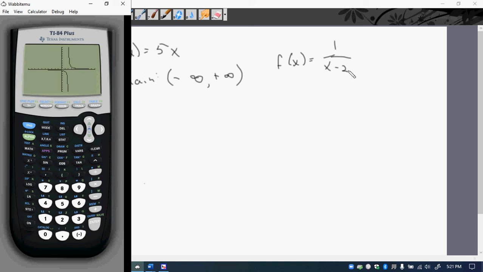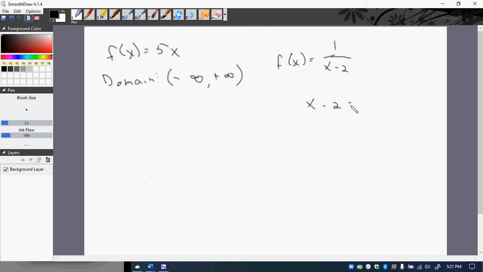And you can see that right here in the actual function. If I take the denominator x minus 2 and set it to 0, and add 2 to both sides, I get x equal to 2.